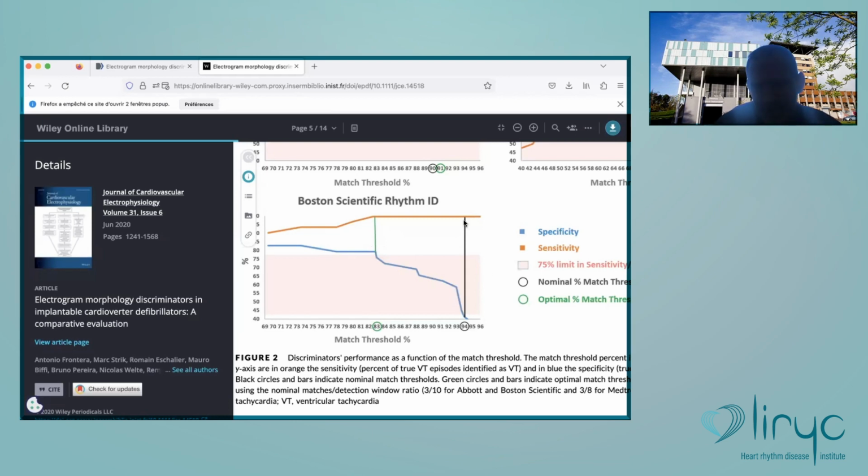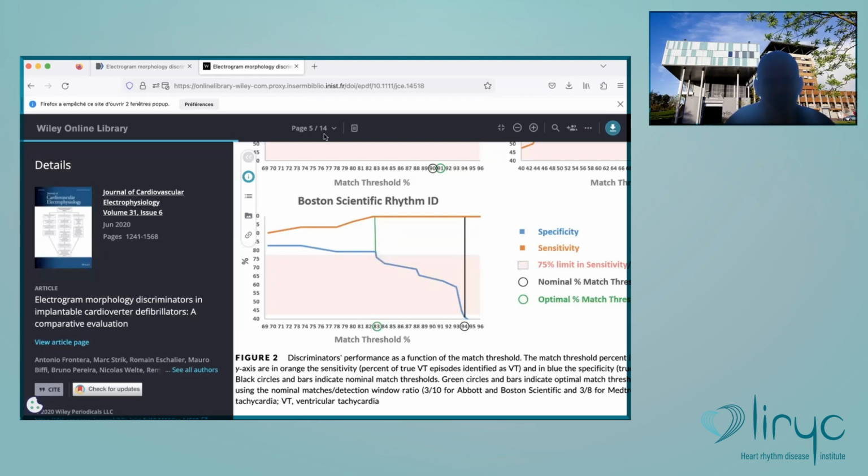So at the nominal value of 94%, the results were very good in terms of sensitivity, but very poor in terms of specificity. That's the reason why now we try to quite systematically modify this value to obtain this compromise, where you still have 100% of sensitivity and a way better percentage of specificity.